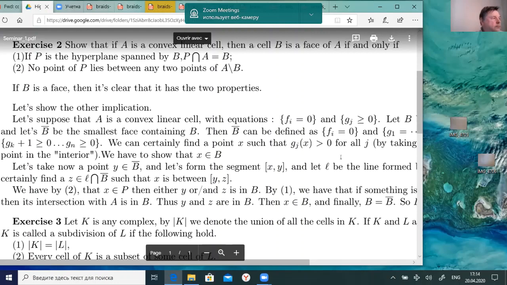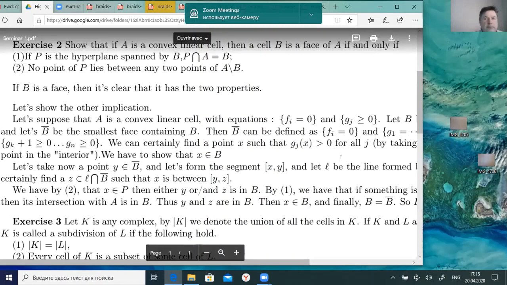So now the goal is to show that this point belongs to B, and not just B bar, and then it's true for X. So we will have the implication that the face is equal to B. Now we take a point Y in the face B bar, and we can form a segment out of X and Y. You should stress that it is an arbitrary point of B bar.